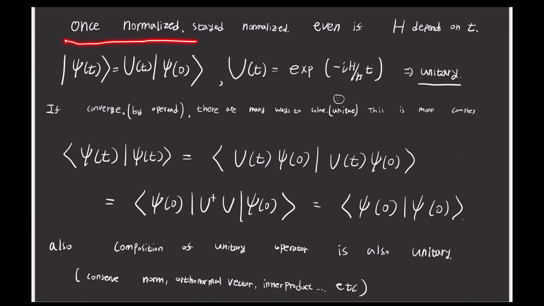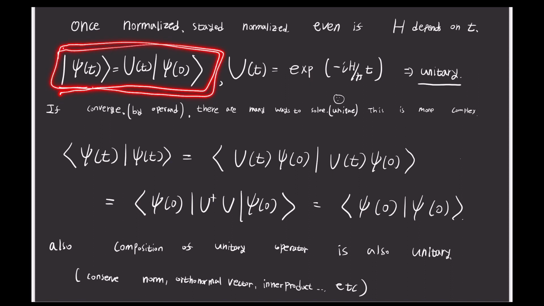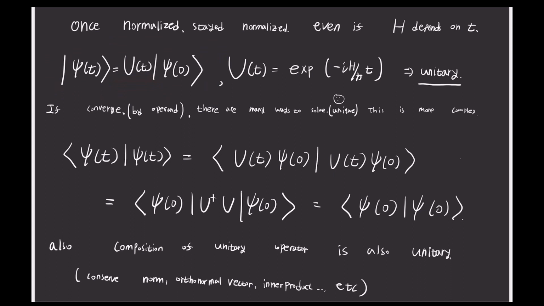Once normalized, stays normalized, even if the Hamiltonian depends on time. This is a very important feature, right? We don't have to normalize the state vector at any time. Once we normalize the initial state, because we can write the Schrodinger equation solution like this using the propagator, right?